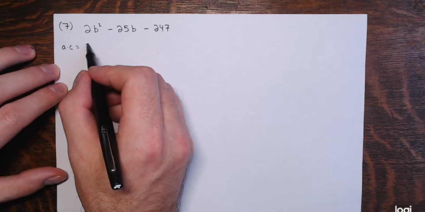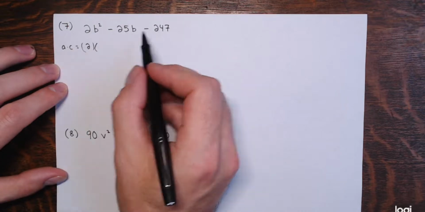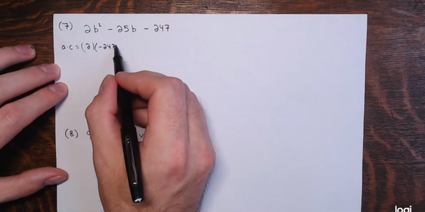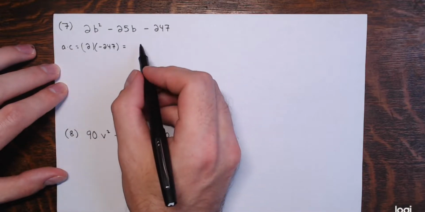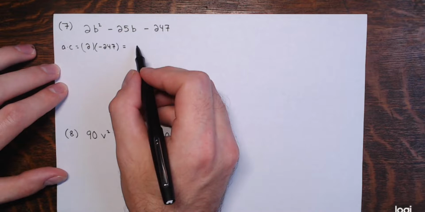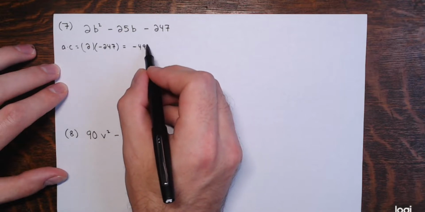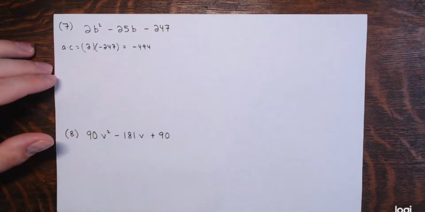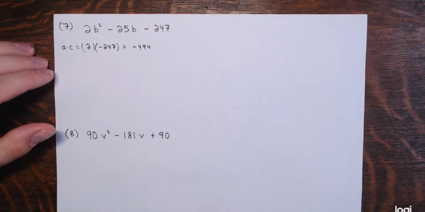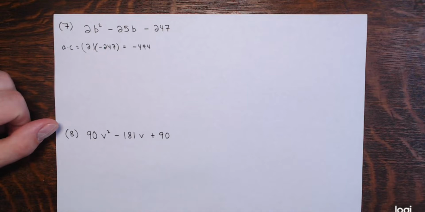So 2 times negative 247. So this is going to be negative 480 plus 14, negative 494. I believe, yeah, 480 plus 14. Alright, so negative 494.